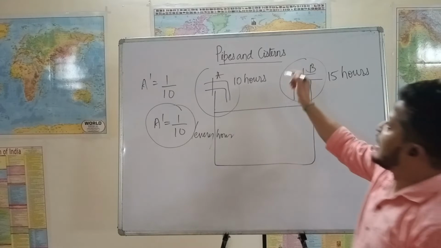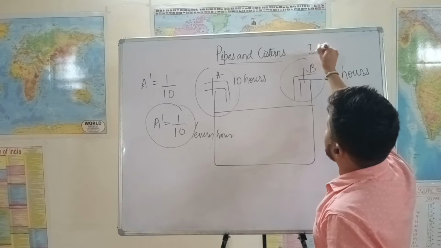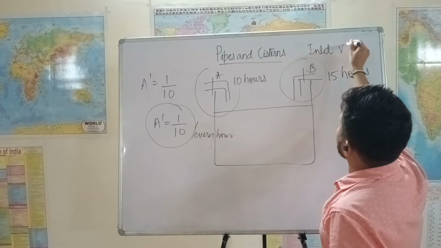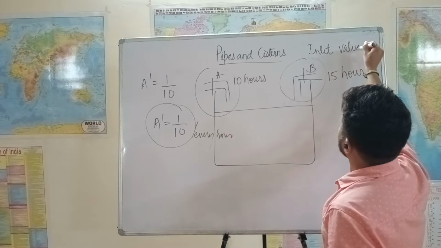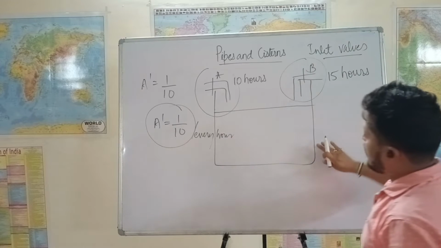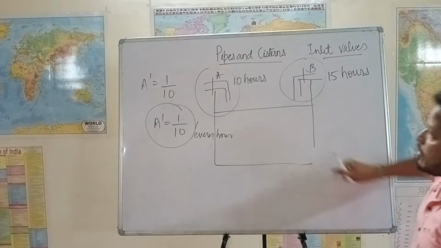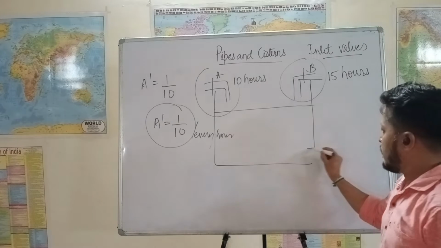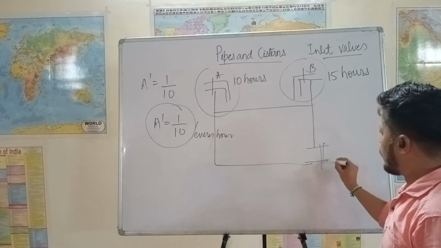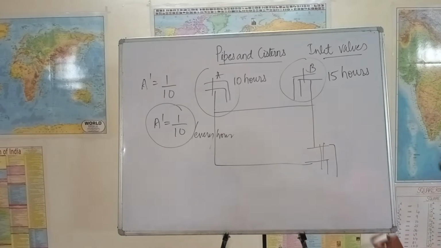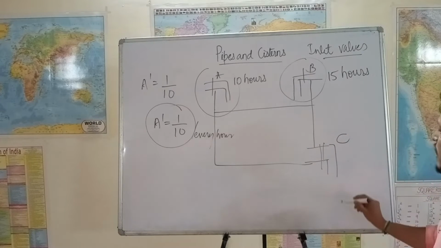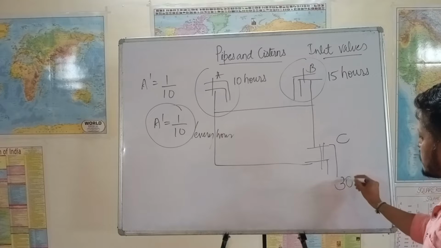And these are called inlet valves, or inlet pipes. Sometimes there may be an outlet valve also to empty the tank. Let's say there is an outlet valve C which empties the tank in 30 hours.